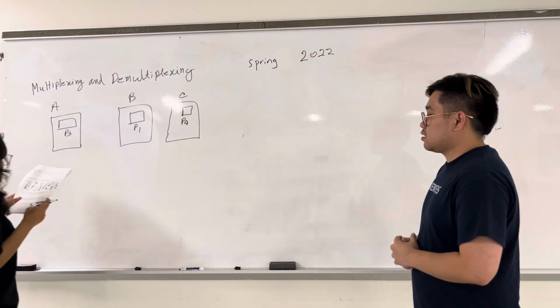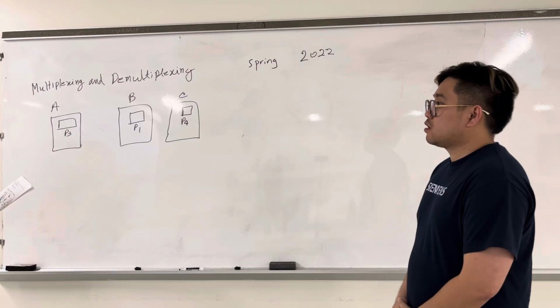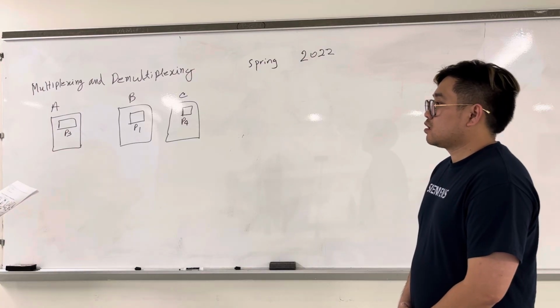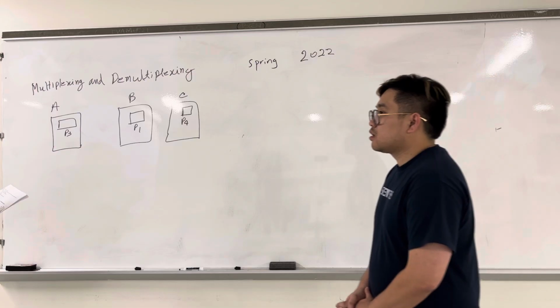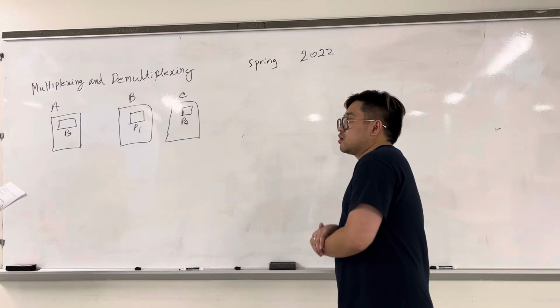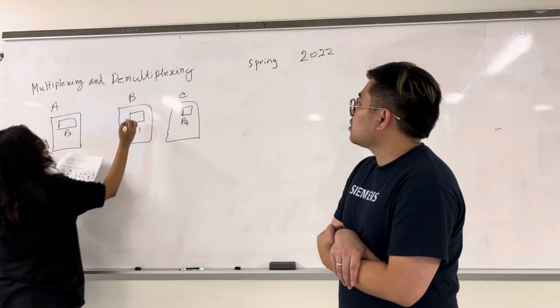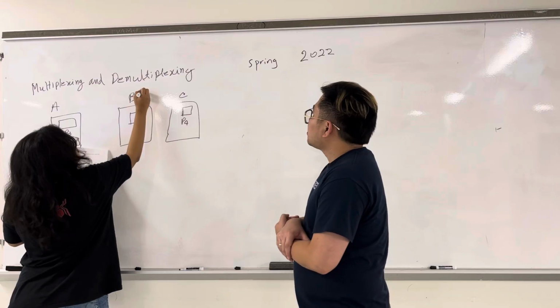For this question, suppose a process in host B has a UDP socket with port number 6428.